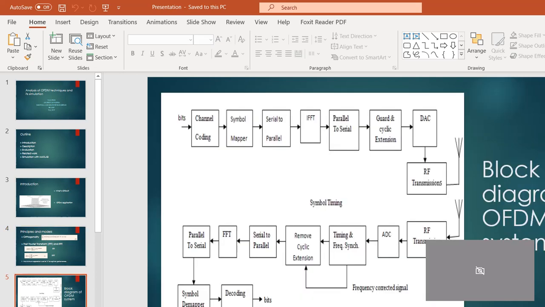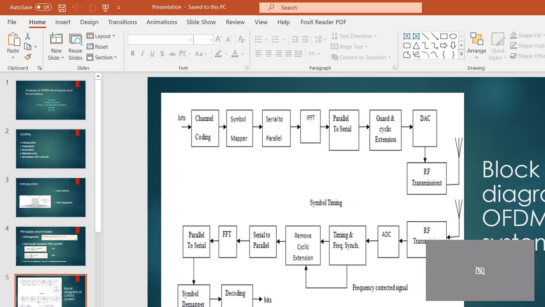This picture is the block diagram of the OFDM system. We can split the whole OFDM process into multiple blocks here.